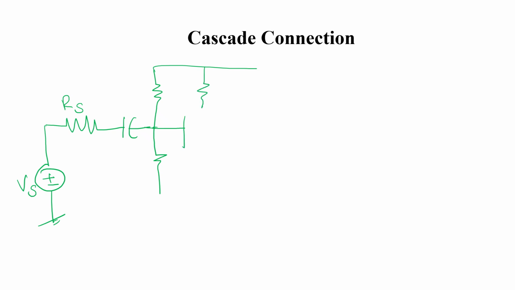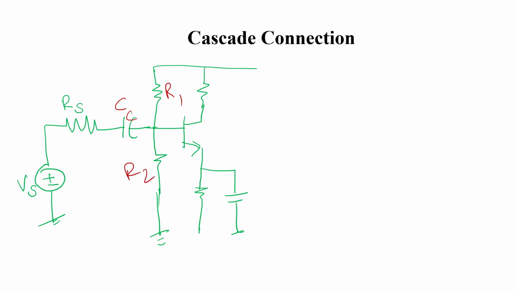So first I start from the input side, directly I go to the base, and from the base if any biasing is given, directly go to the biasing circuit, then the emitter part. So this is Vs, Rs, the coupling capacitor.